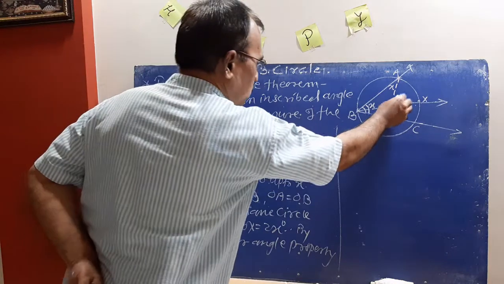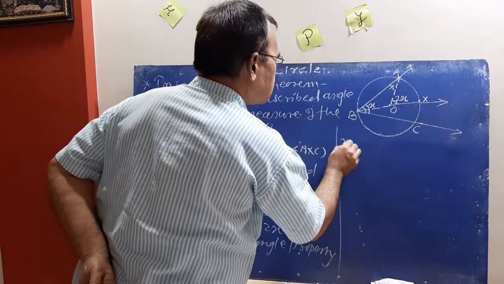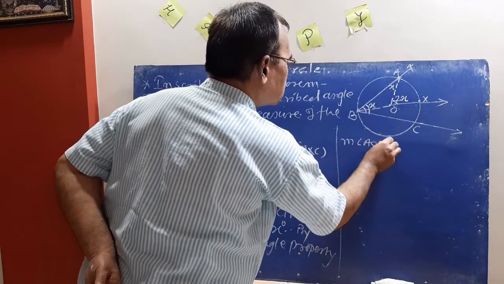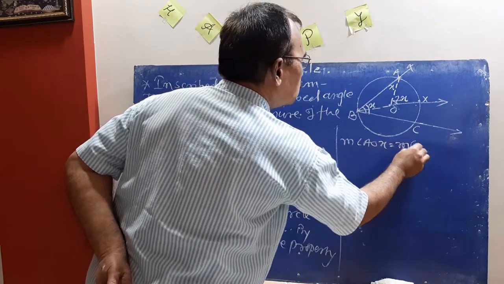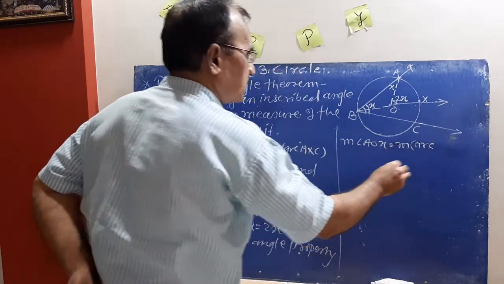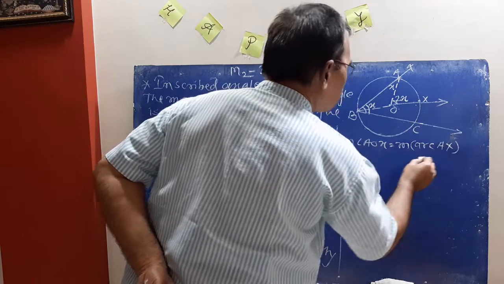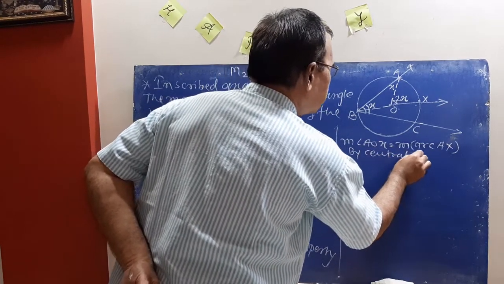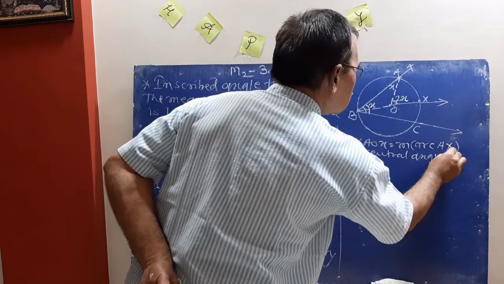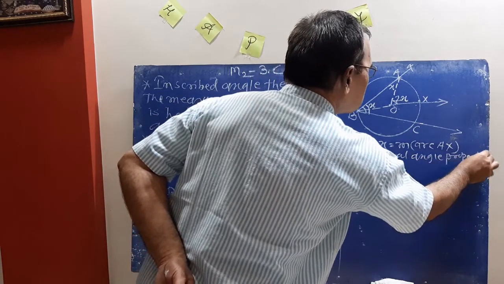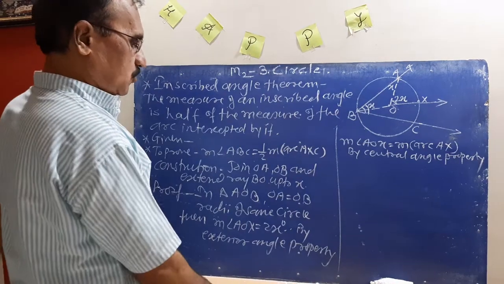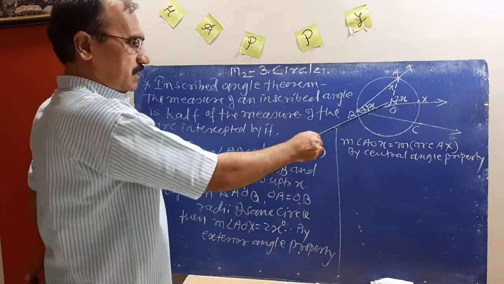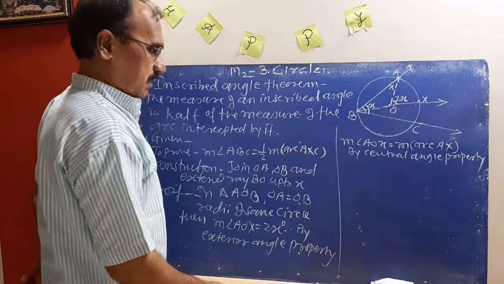Now measure angle AOX is equal to measure arc AX by central angle property. You know the central angle property: the measure of a central angle is equal to the measure of the corresponding arc.